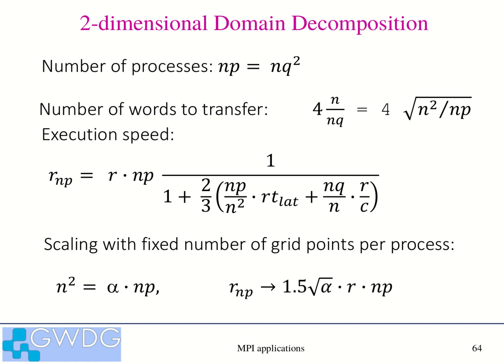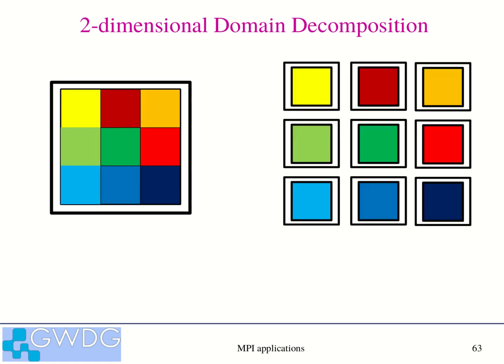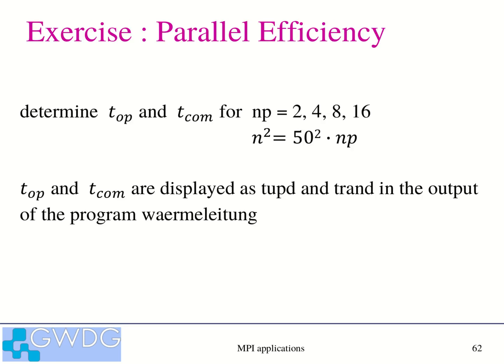So this I will discuss in the last section after the break for lunch. In between, if you are interested, you can determine some behavior of the operation, the time for the operation, for different numbers of processes using such a scaling size of the domain.